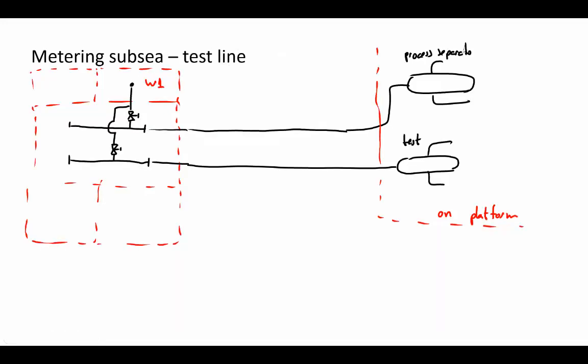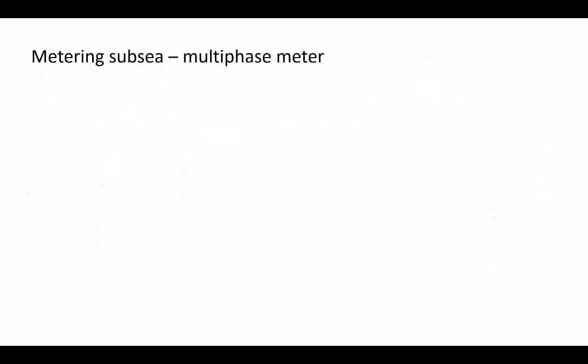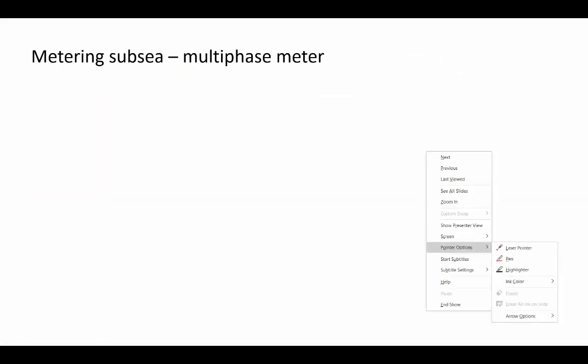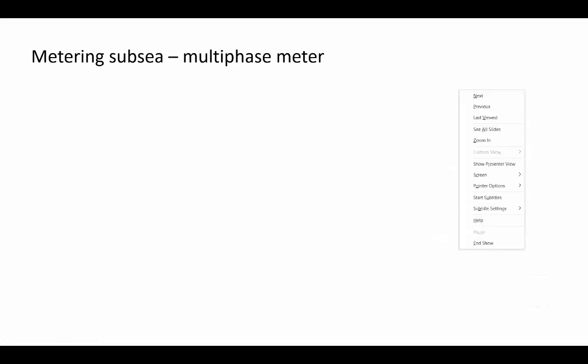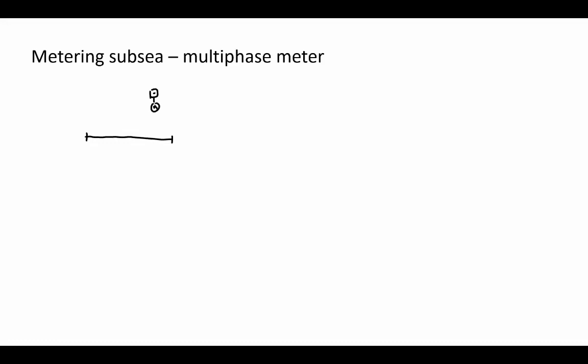Sometimes I have a multi-phase meter, again with the same purpose. I typically have either on the well a multi-phase meter. Typically I can have the two, but I won't use the two now, I will use just one.